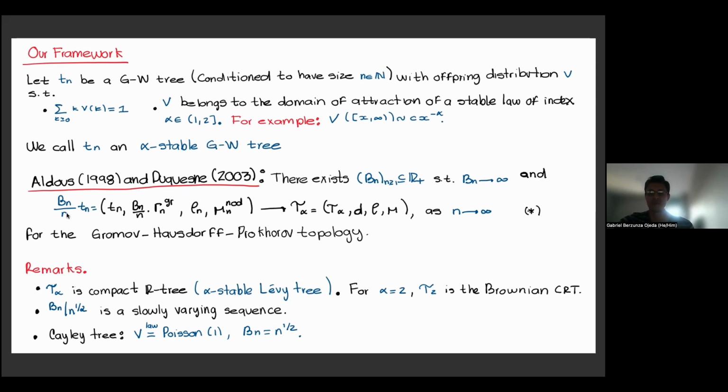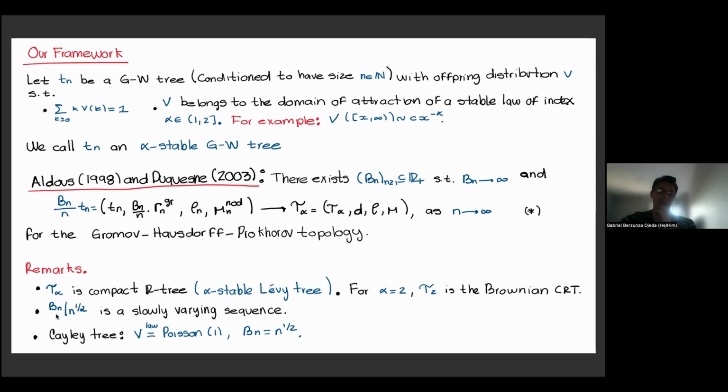In fact, this limiting object is another continuum random tree, called the alpha-stable Lévy tree. And in particular, when alpha is equal to 2, you again recover the Brownian CRT. Here I have the formal statement of this convergence, but don't worry about that. Just recall that there is a sequence which we use in the scaling. This sequence will appear later.